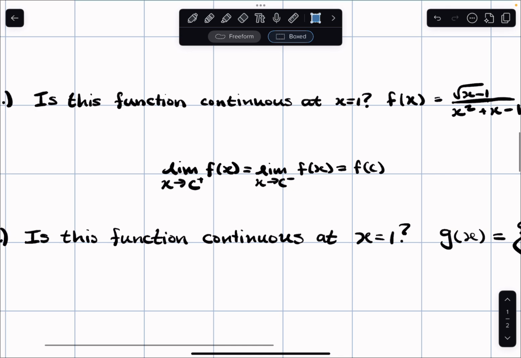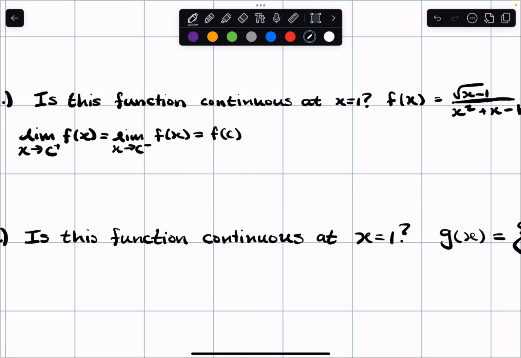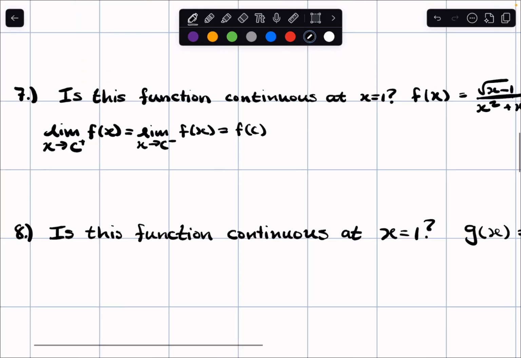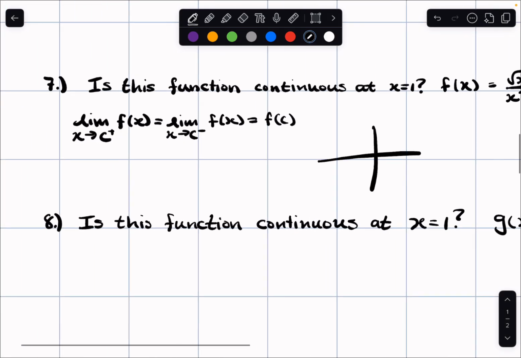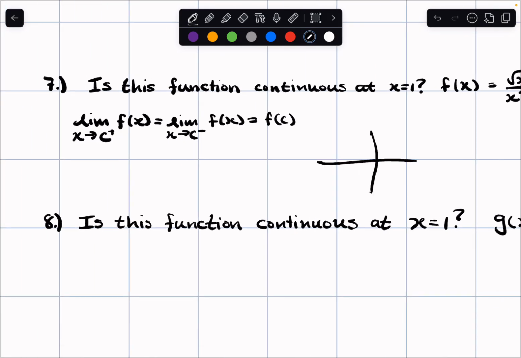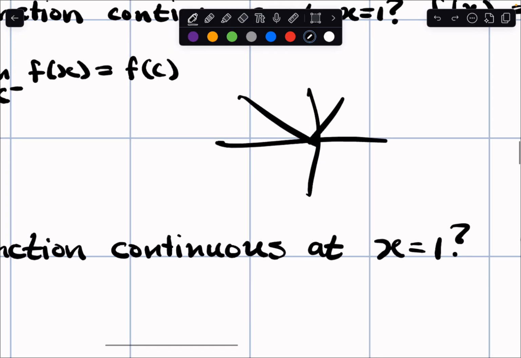Now, what are the minus signs and the plus signs that look like exponents on what x is approaching? Well, let's look at a graph, okay? And let's just say it's absolute value, just as an example. When we say plus sign, it's approaching from the right, so x is decreasing towards our value.